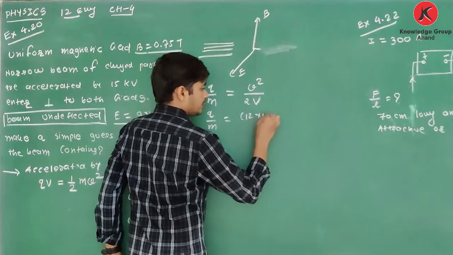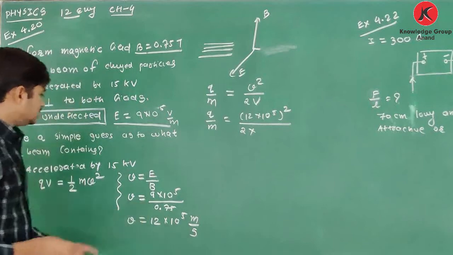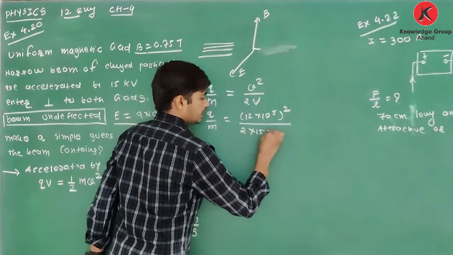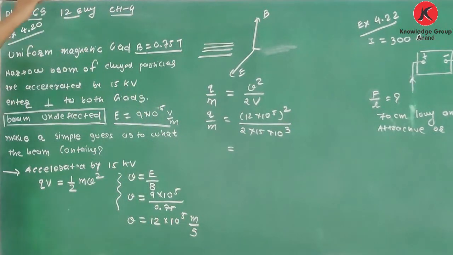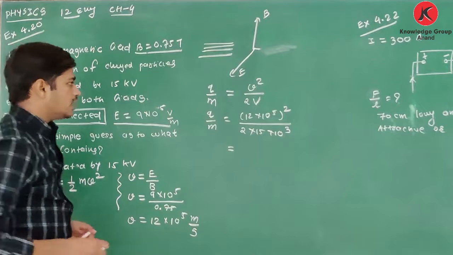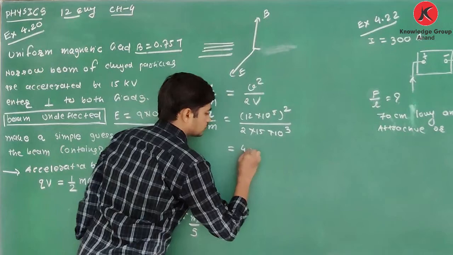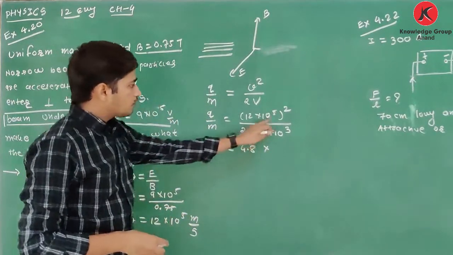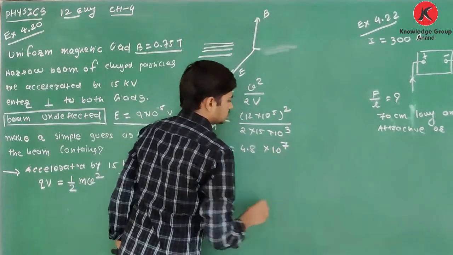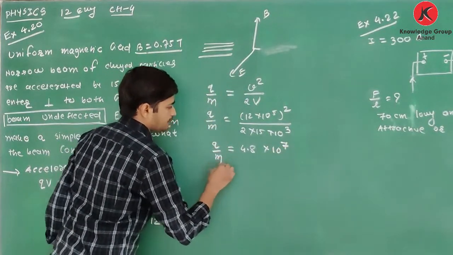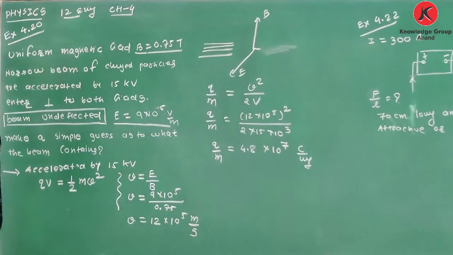It is 12 into 10 raised to 5, squared, divided by 2 times the potential, 15 kilovolt, so 15 into 10 raised to 3. So 12 into 12 is 144, divided by 30. You will get your answer, 4.8 into 10 raised to 7. So this is q upon m. Its unit is coulomb per kg.